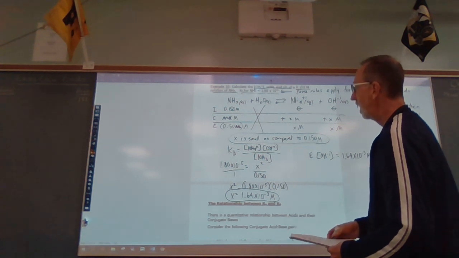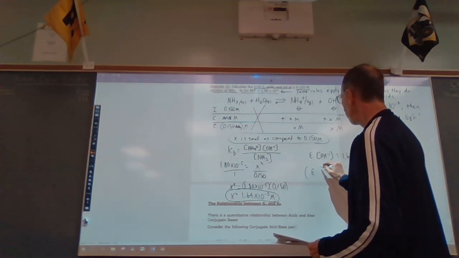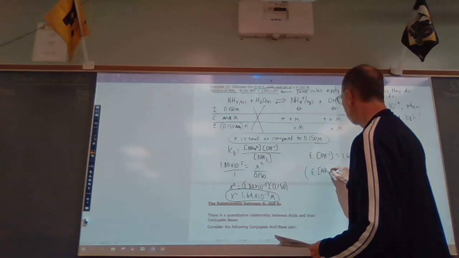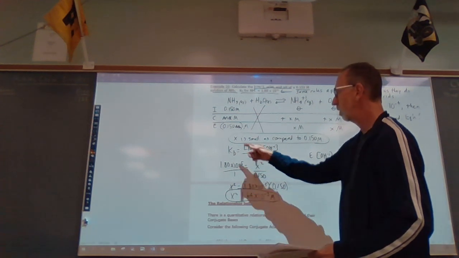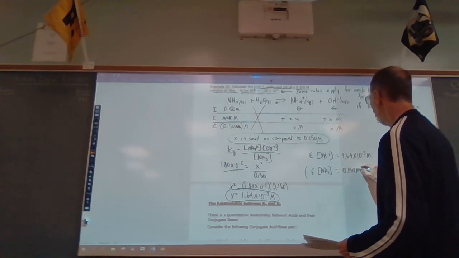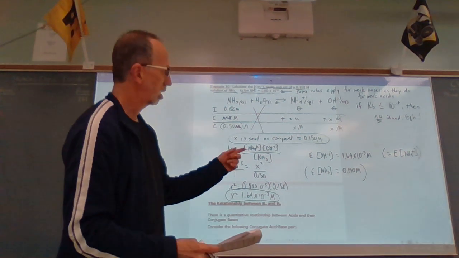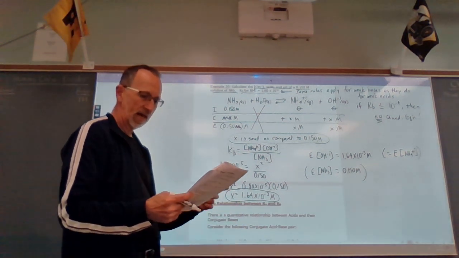And it did not ask us for the equilibrium ammonia concentration, but we got that too. What is it? Well, it's still 0.150. Again, that was not asked for, but if it had been, we have that value as well.